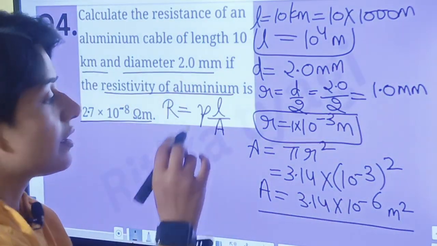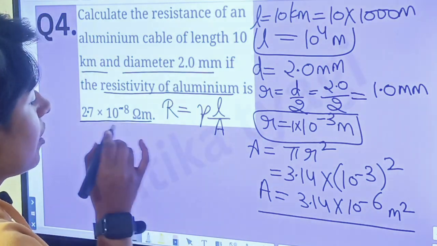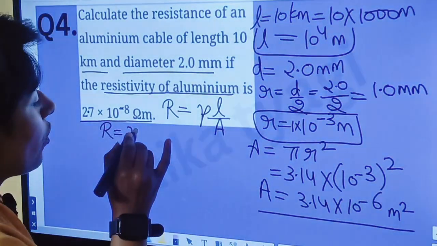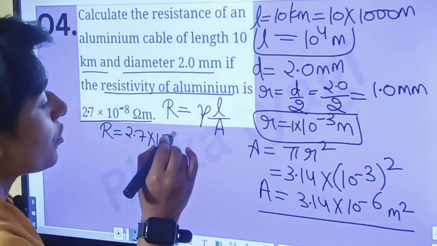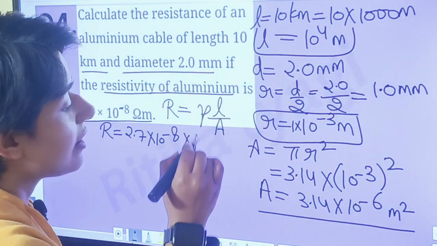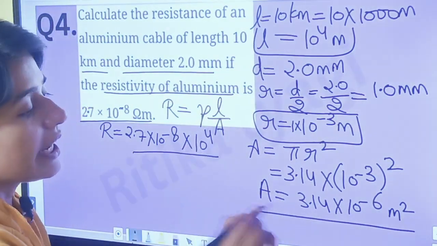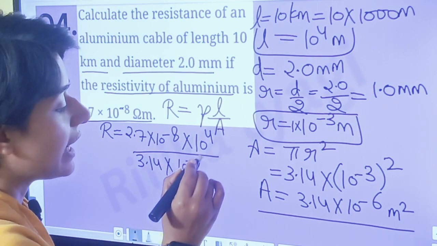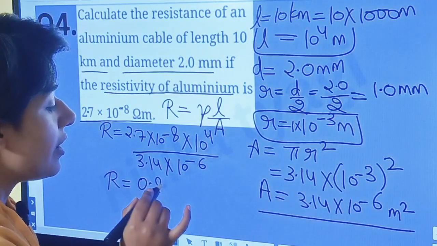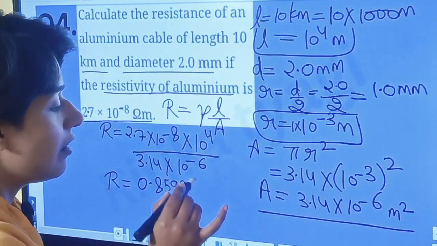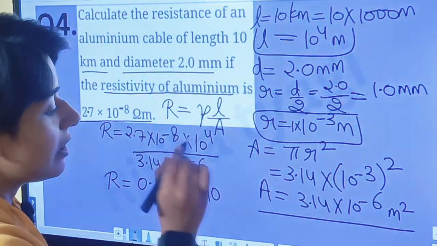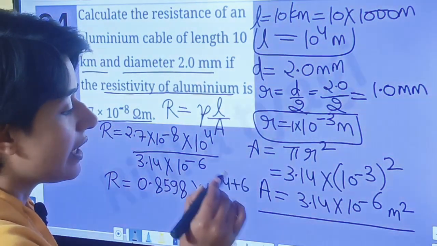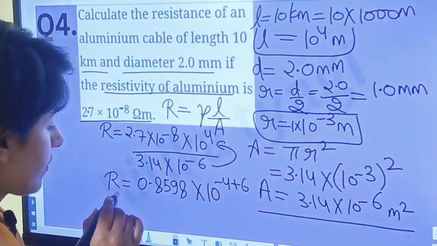Formula for resistance, that is rho L by A. Putting the value for rho 2.7 multiplying 10 to the power negative 8. Length is 10 to the power 4. Area of cross section is 3.14 multiplying 10 to the power negative 6. 0.8598 multiplying 10 to the power negative 4 and this positive 6.